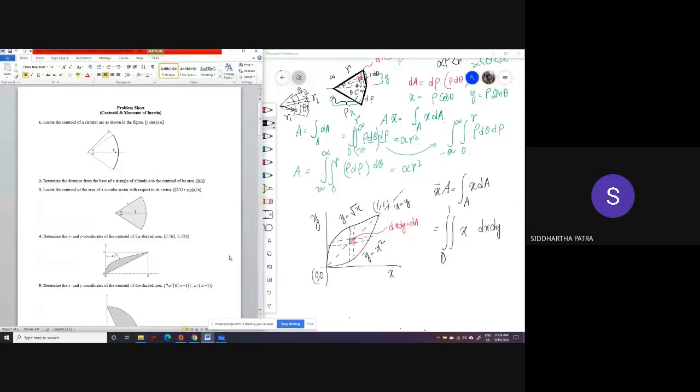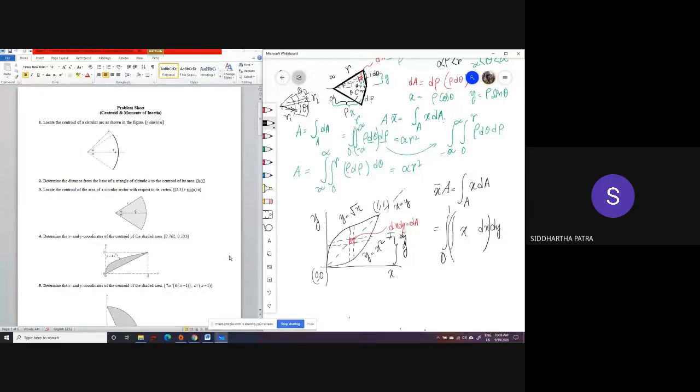You see this inner integration that I'm performing at a constant y. That means the integration is happening within this strip of thickness dy. So y is constant but x is not, obviously, otherwise there would be no integration.